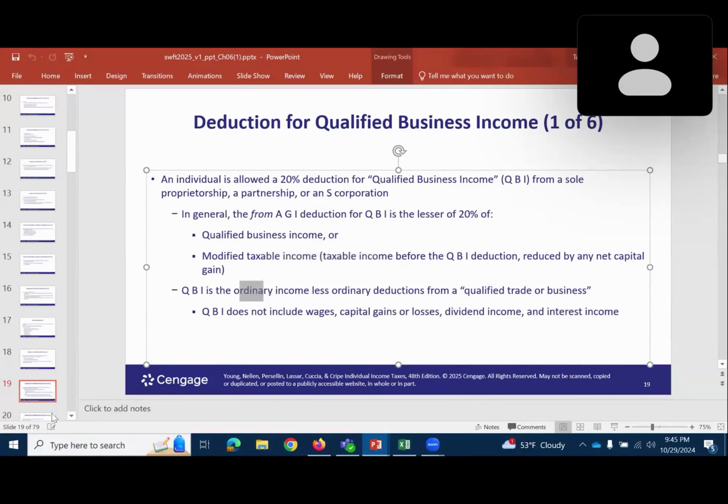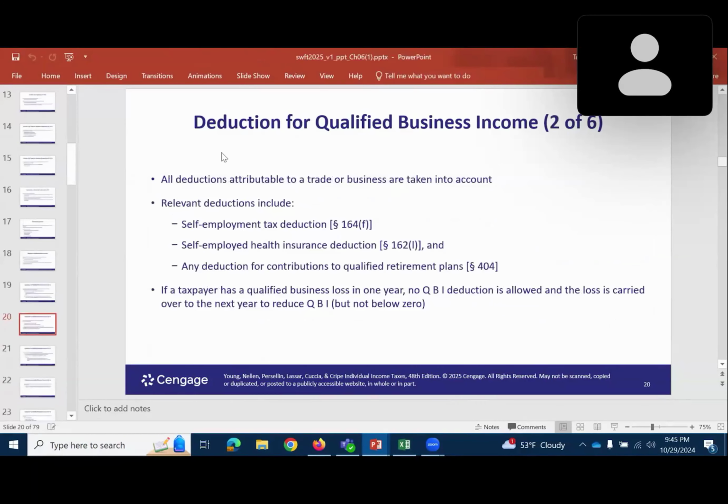It's ordinary, nothing else. All the deductions that you have must be attributable to the trade or business to be taken into account. Some examples are the self-employment tax deduction, self-employed health insurance, and any deductions for contributions to a qualified retirement plan. All of these are examples of business deductions.